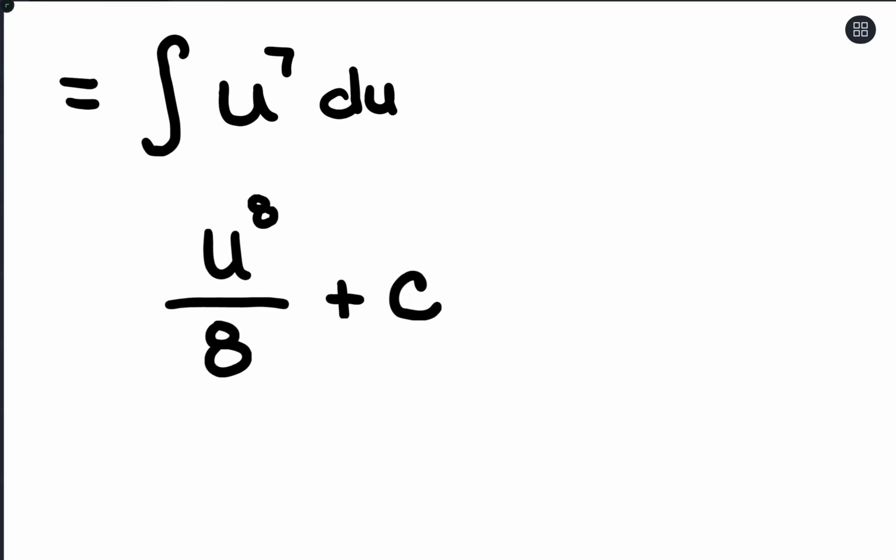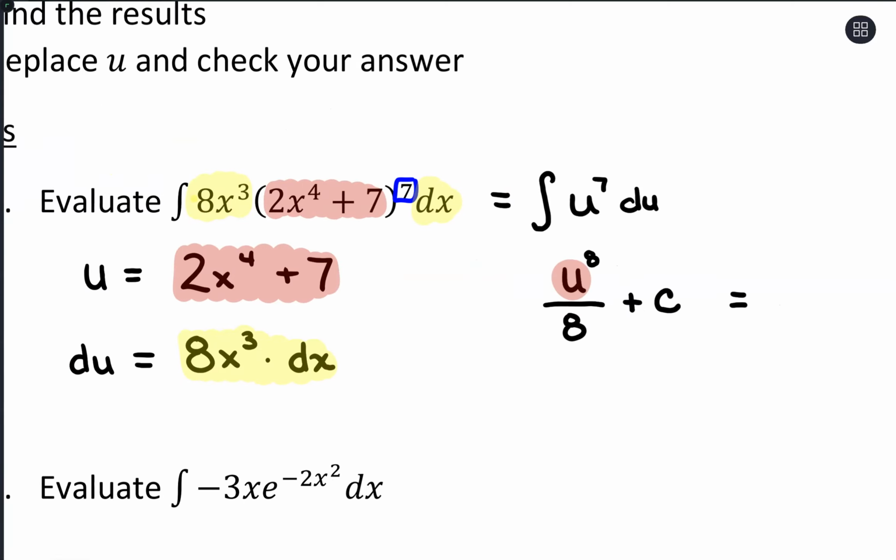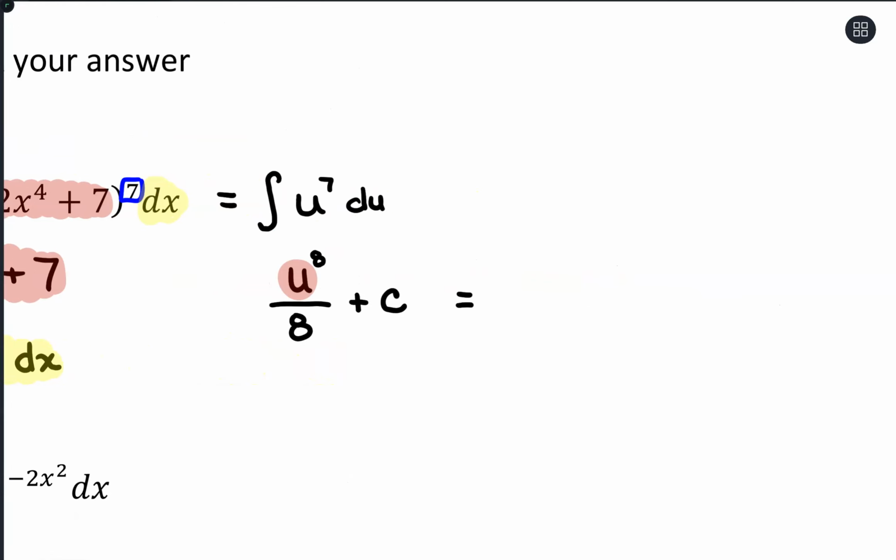So I want to replace u with our original substitution. So u to the 8, u is equivalent to 2x to the 4th plus 7. So we're going to have quantity 2x to the 4th plus 7, all raised to the 8th power, all divided by 8 plus c. And that would be our antiderivative.